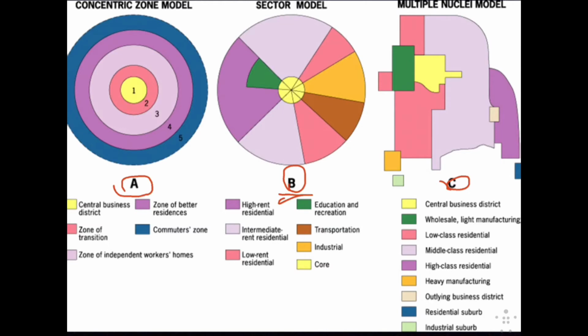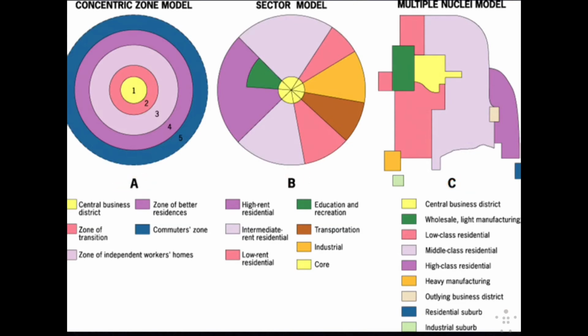Individual nodes usually have special functions like ports, neighborhood businesses, universities, airports, and different levels of residences. This model explains that incompatible land use activities do not cluster in the same location, so the nodes influence the type of development that occurs around them. These clusters expand as cities grow.